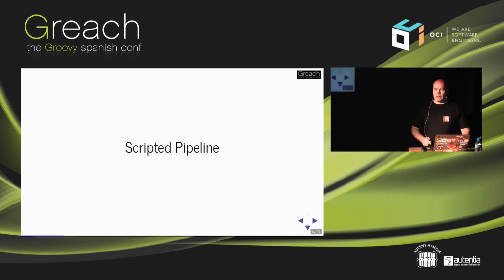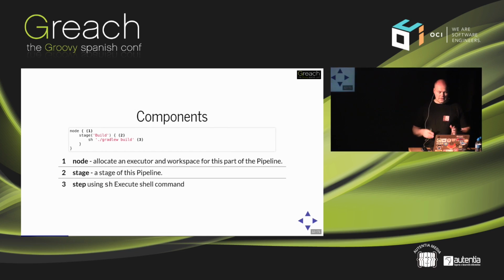So, scripted pipeline 101. This is a very small sample, but this is an entire pipeline. So a node defines the executor that we want to build our job on. We can give that parameters, say this should be of type Windows, and it will adhere to that. So it'll find an executor that has that tag.